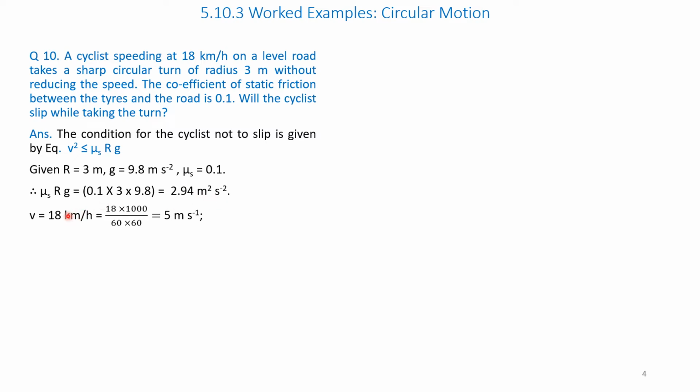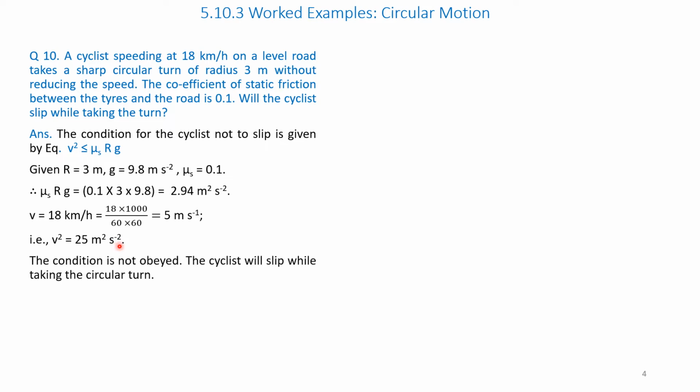Now v is stated as 18 kilometers per hour. Converting this into meters per second, we get 5 meters per second, with 18 kilometers turned into meters and per hour turned into seconds. Squaring, v square is equal to 5 into 5, 25 meters square per second square.